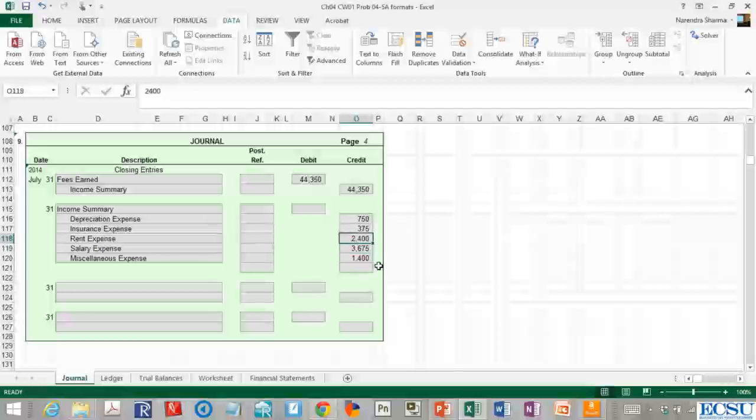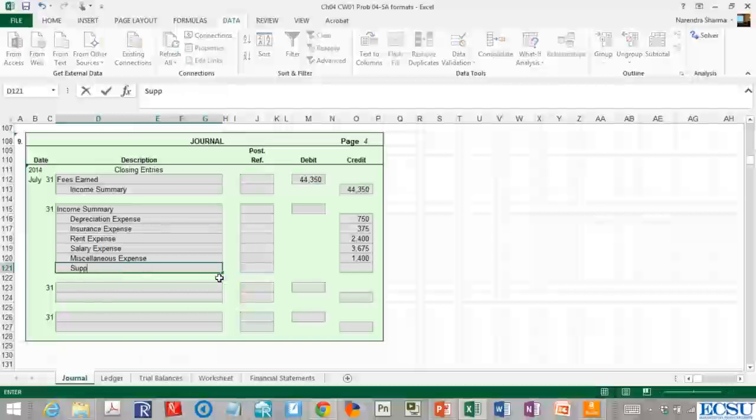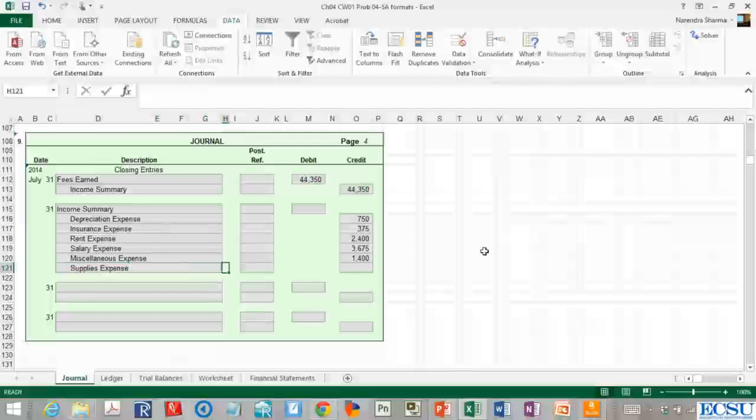Have I taken all the expenses? I have one more expense to take, the supplies expense. Somehow my format has messed up. The amount for the supplies expense is 2,275.